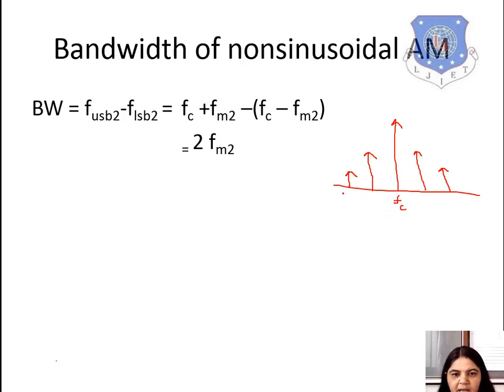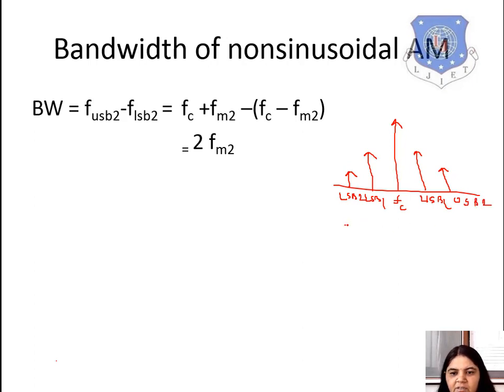It is LSB1, LSB2, USB1, and this is USB2.